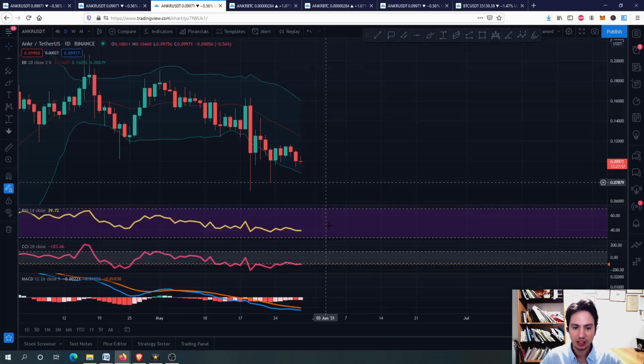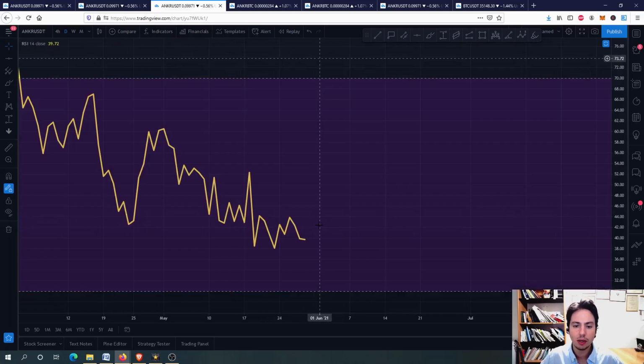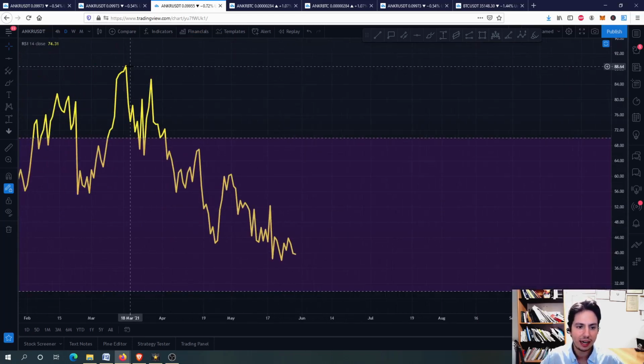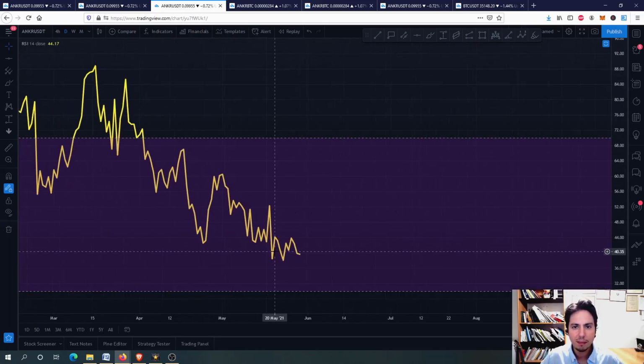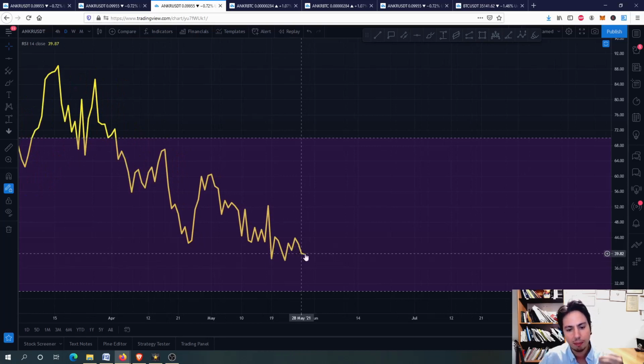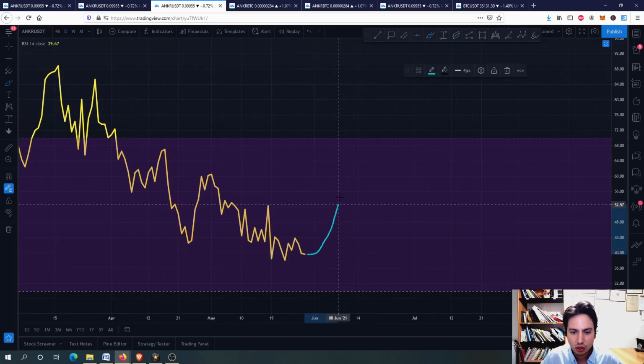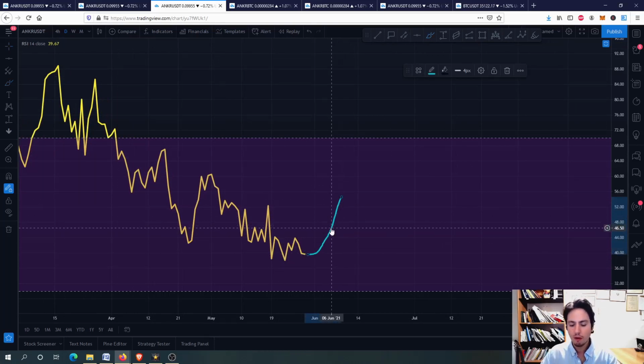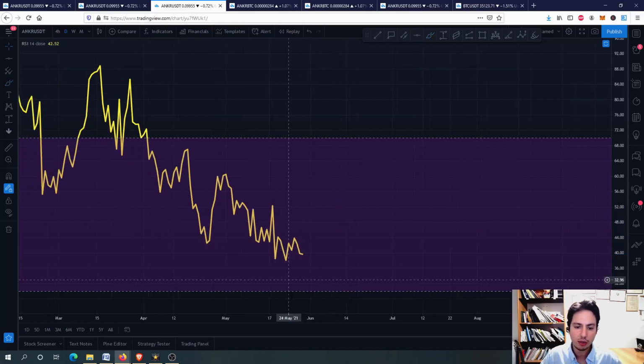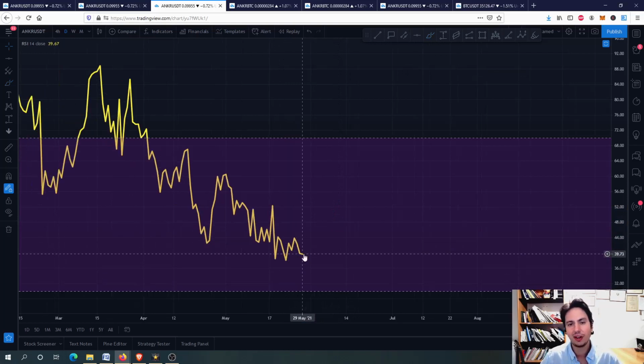Okay, so for the RSI on the daily frame, we will go now. You can see that we are having a declining RSI. That means, guys, that we need to go upwards. We need right now for the RSI not to make lower lows. Instead, we have to get a shift in the momentum for the daily frame. We haven't closed below the 30, but we don't want to get there either.